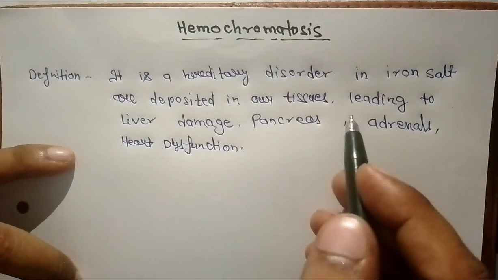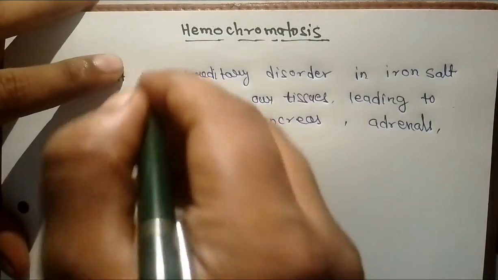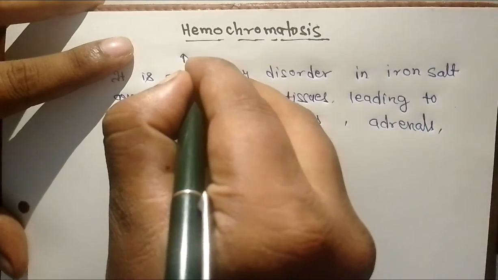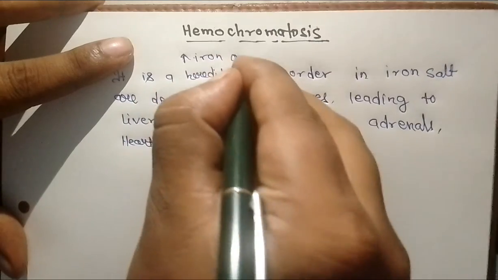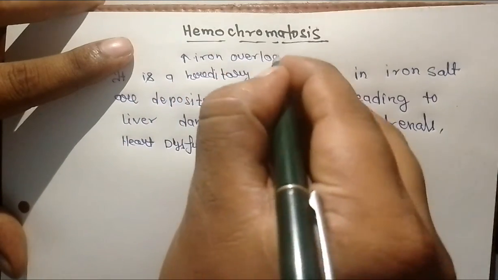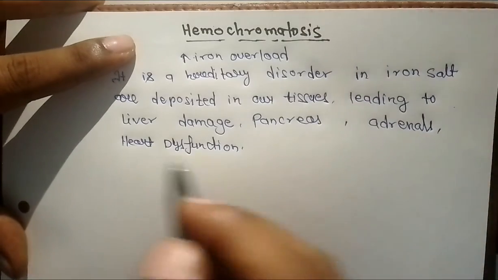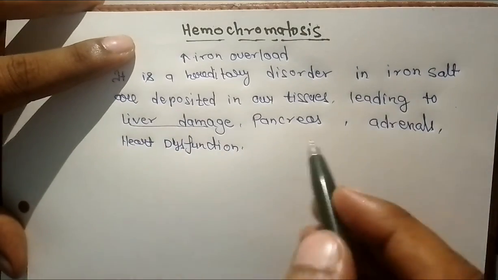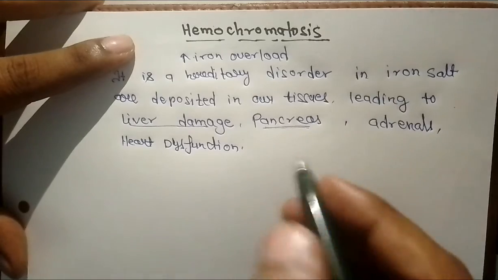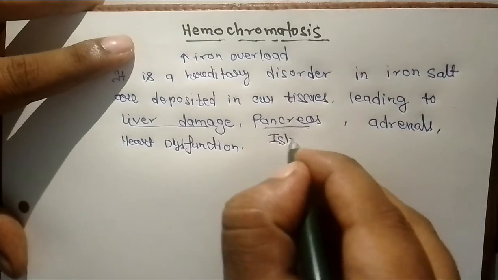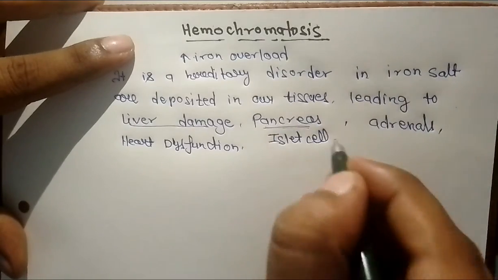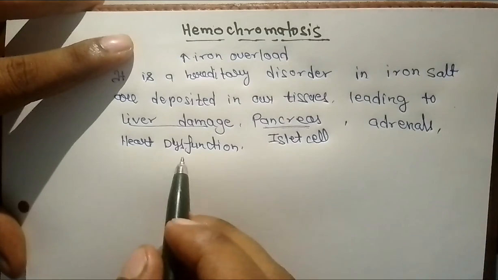It is a hereditary disorder that causes iron overload in our tissues, that causes liver damage, pancreas damage that mainly affects the islet cells, adrenal glands, and heart dysfunction.